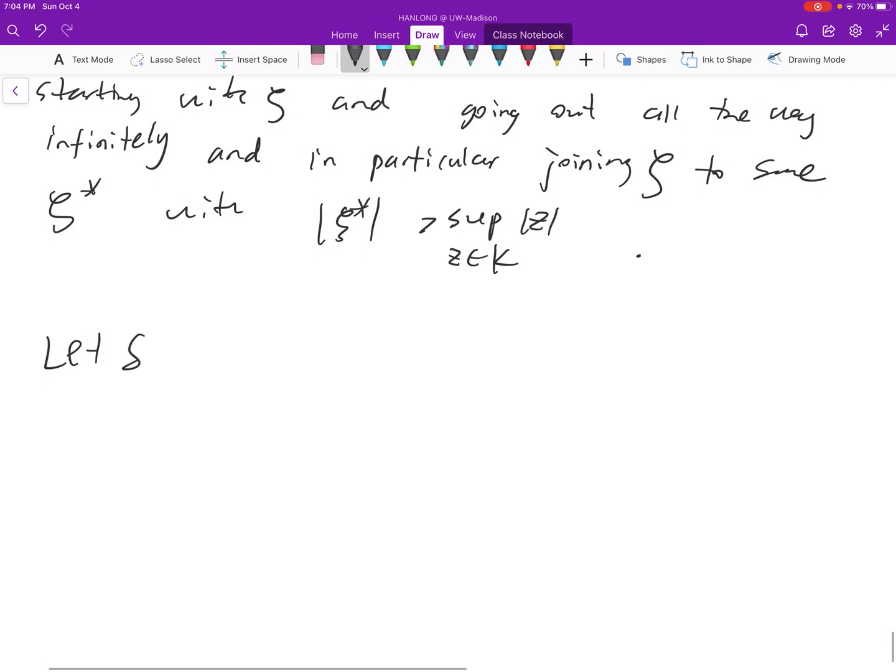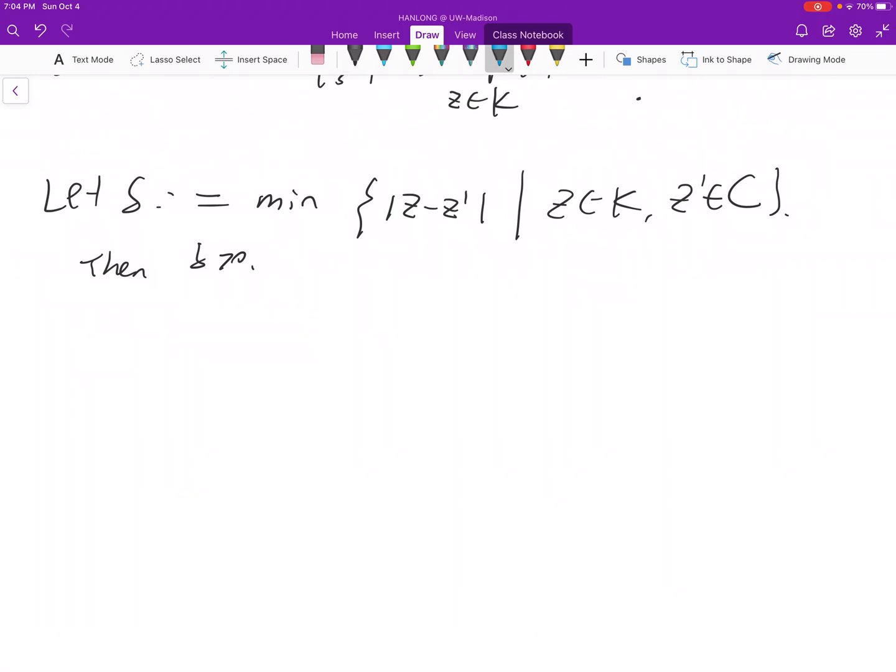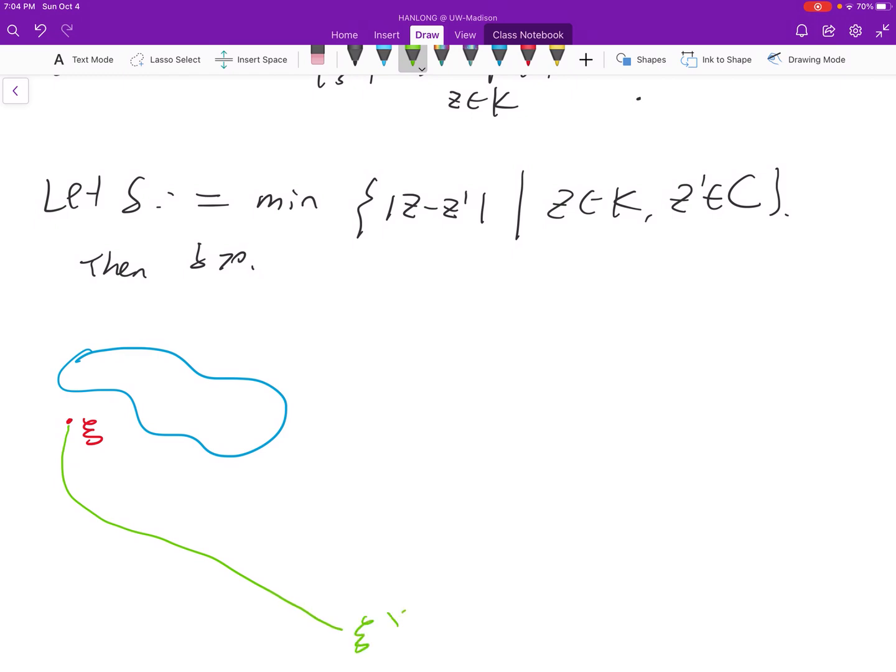And now let delta be the minimum of the distance between z and z prime, where z is in K and z prime is in C. Then delta is positive. This is because K is a compact set, and you fix an x_c. This is the point you want in your formula, and then you connect it to some larger x_c star.